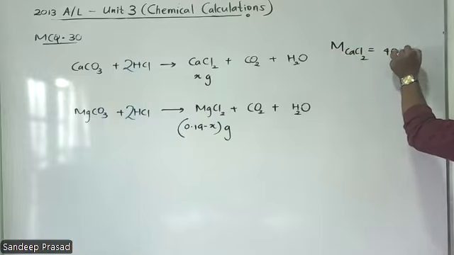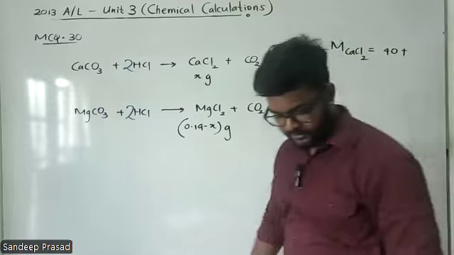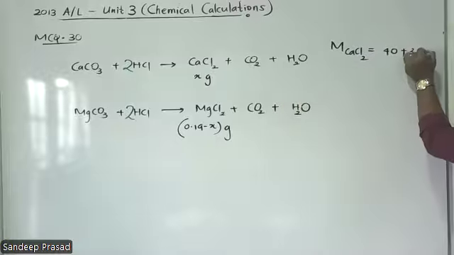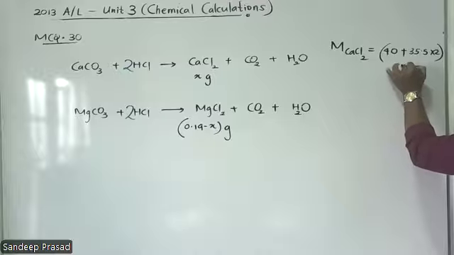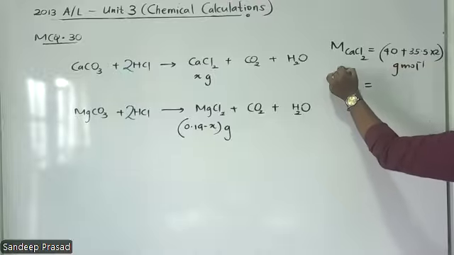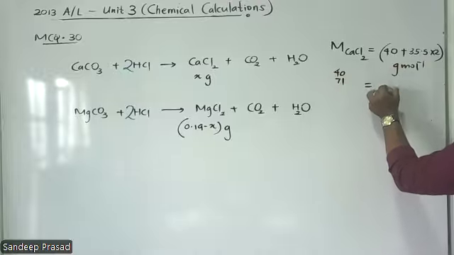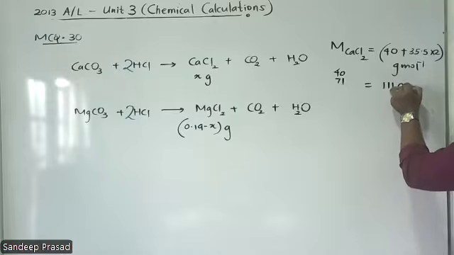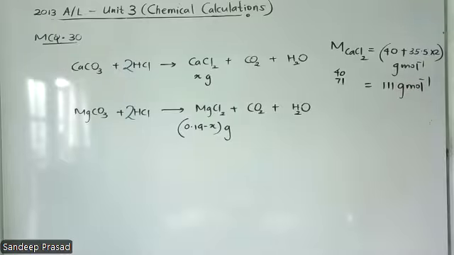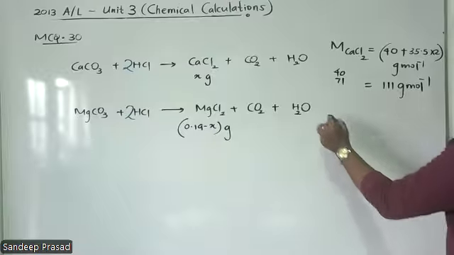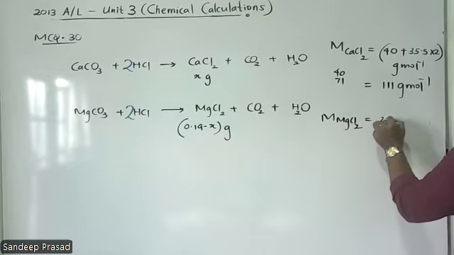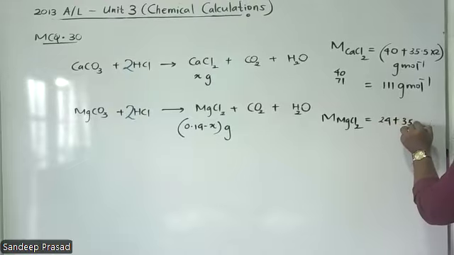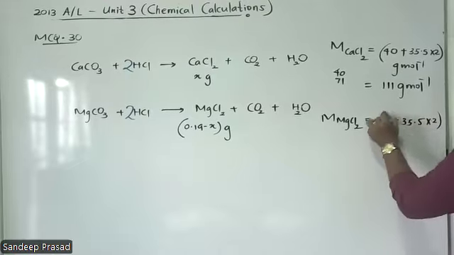Then I can obtain the molar mass of calcium chloride. Calcium is 40, chlorine is 35.5 into 2 grams per mole. Then you obtain 40 plus 71, 111 grams per mole. Then for magnesium chloride, the molar mass is magnesium 24, chlorine 35.5 into 2 grams per mole.